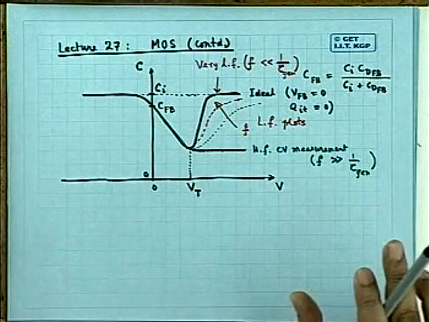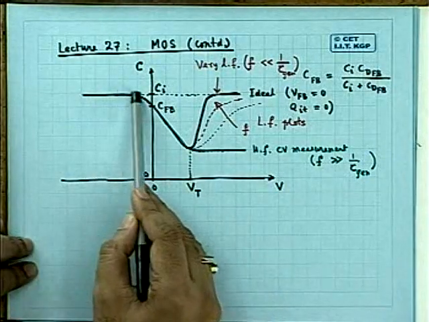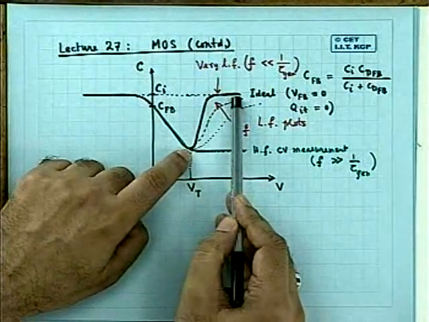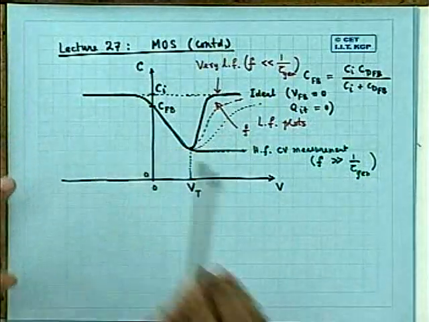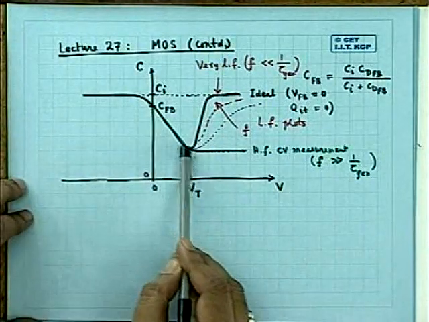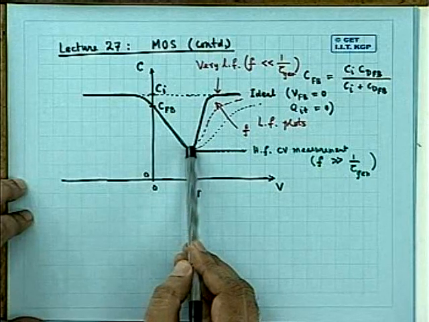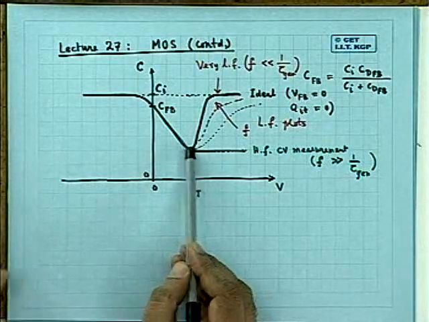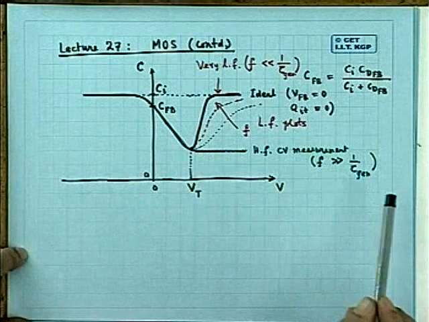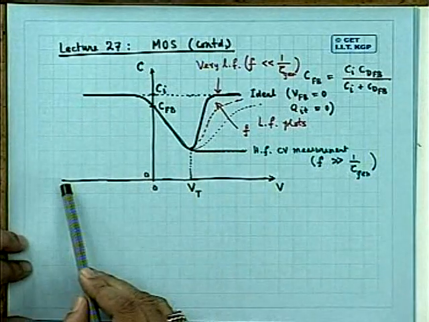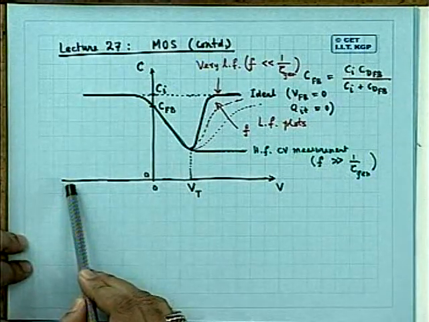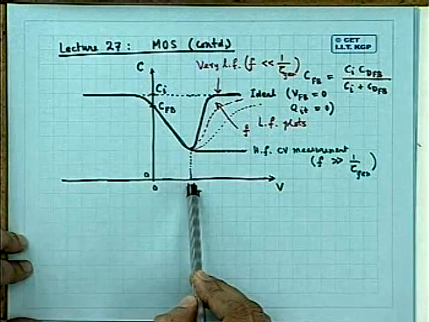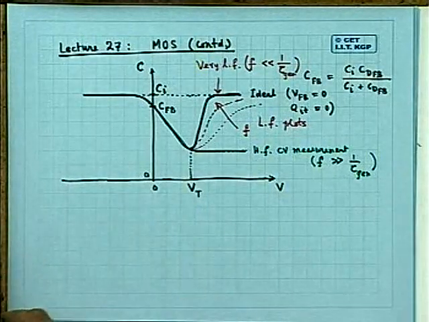But in a simpler way, I can derive the plot up to this point, not beyond it. If you are interested, because this region of the characteristic is most important, let me tell you, for many applications, for this particular region of variation, at least from minus V up to Vt, a simpler derivation can be made.